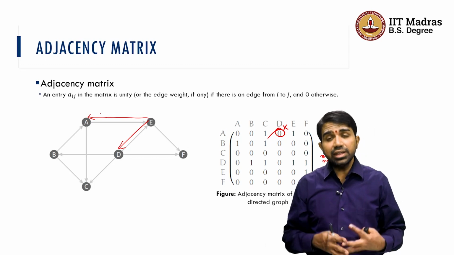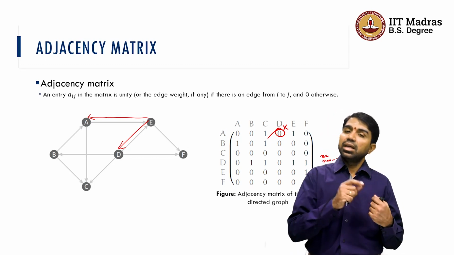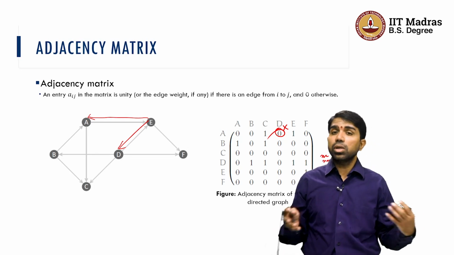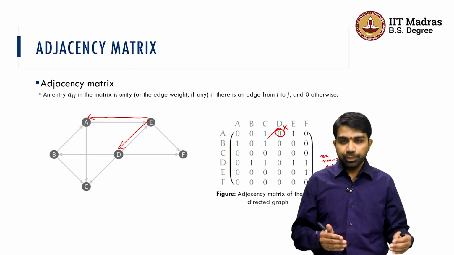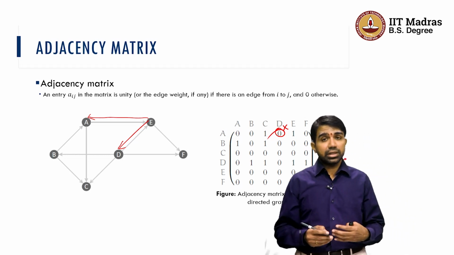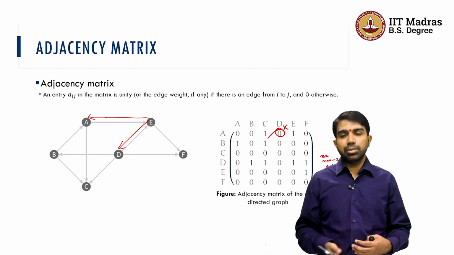In the case of an undirected graph, you typically have a symmetric matrix, because when you have an edge A B, it means that A is connected to B, and so also B is connected to A. So, these are all captured in the adjacency matrix, and depending upon whether it is undirected or directed, it is going to be symmetric or typically asymmetric.